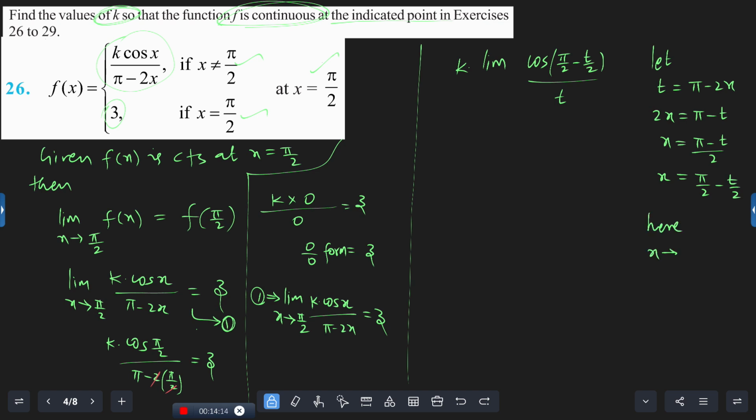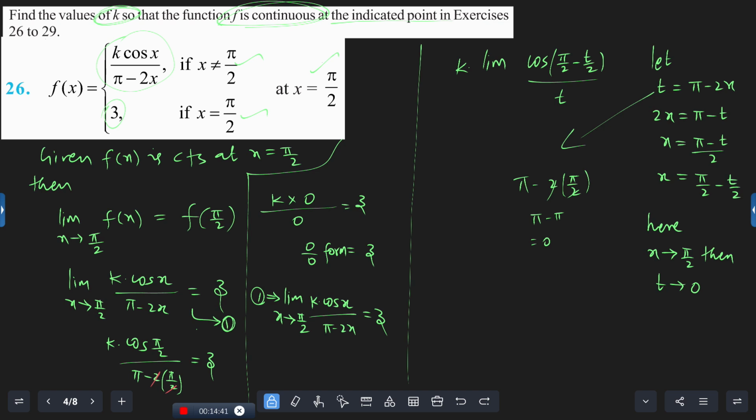X tends to pi by 2, then what does t tend to? Just substitute here. When x tends to pi by 2, you can apply pi minus 2 into the x value pi by 2. The 2 cancels, pi minus pi, what am I getting? 0.